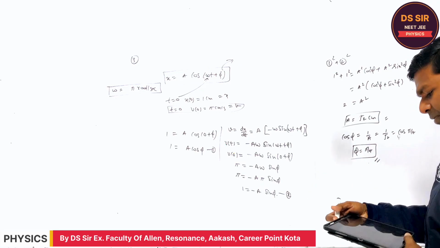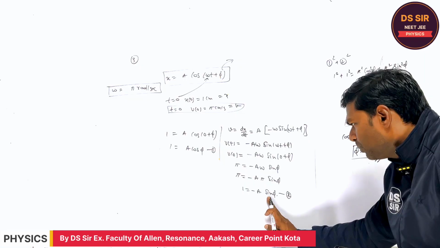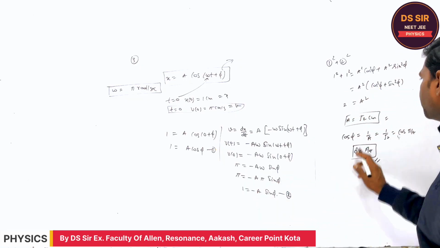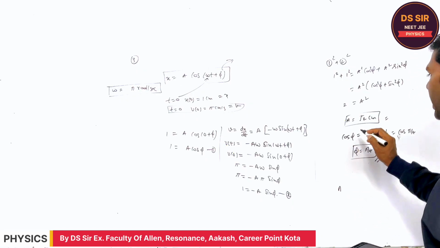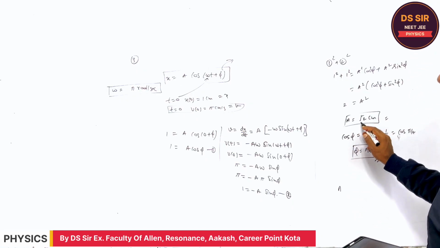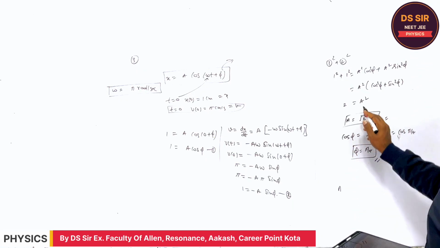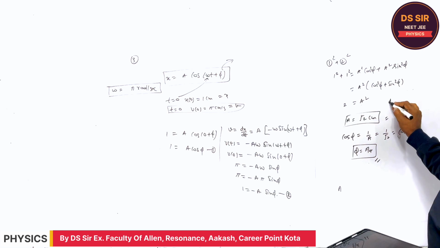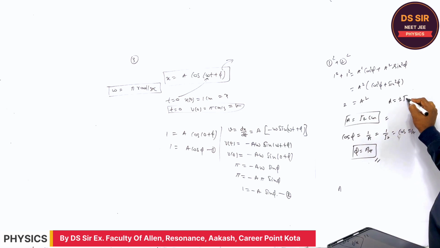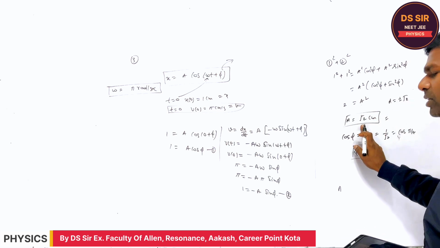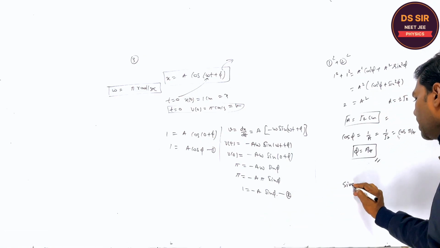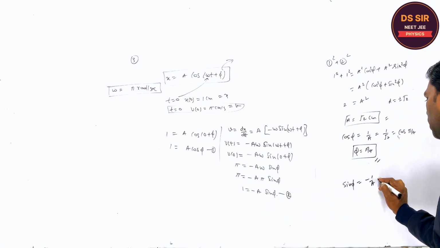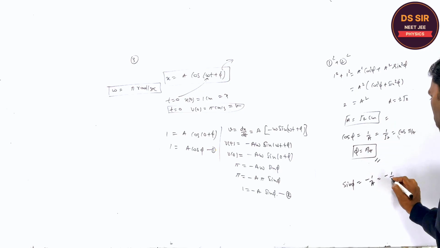Listen, one more thing. Although we can put the value of a over here, actually the value of a is what? It may be plus minus. According to this equation, the a may be equal to plus minus root 2, but I am taking only the plus. If you take the plus over here, sine phi is equal to minus 1 upon a, that is minus 1 upon root 2.